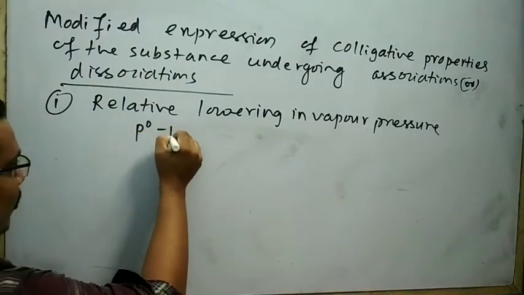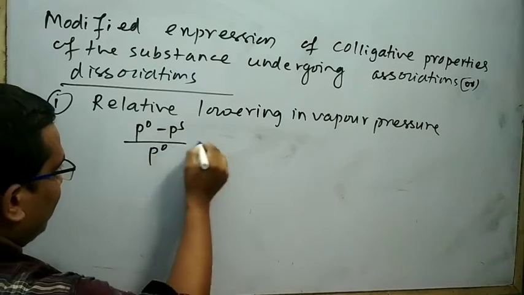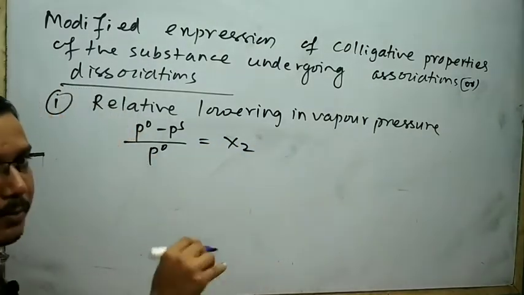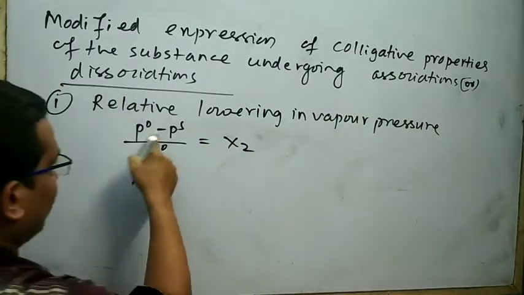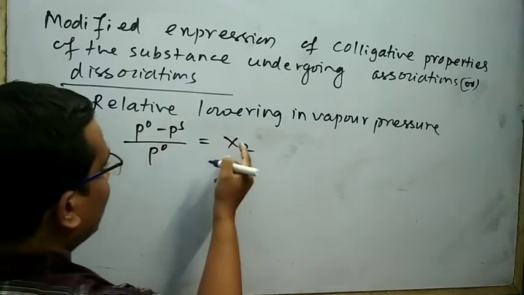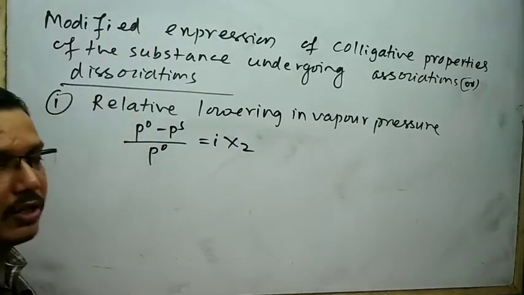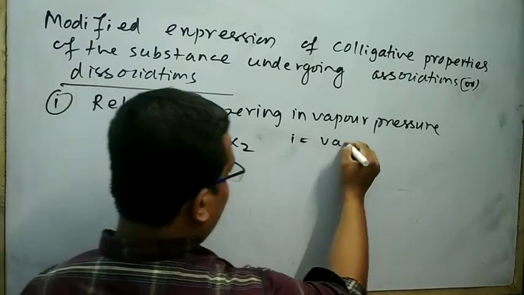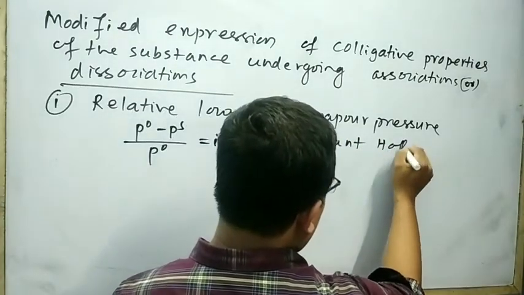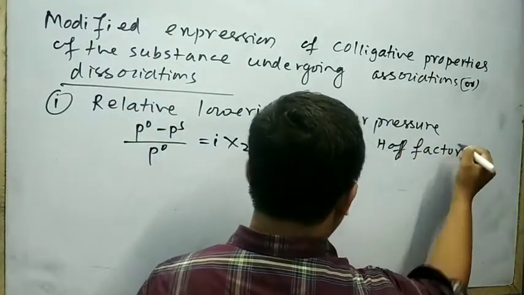Generally we know that P0 minus Ps divided by P0 equal to X2, but the modified expression is P0 minus Ps divided by P0 equal to i X2. Here i equal to Van't-Hoff factor.